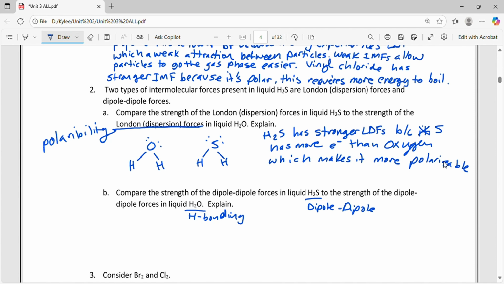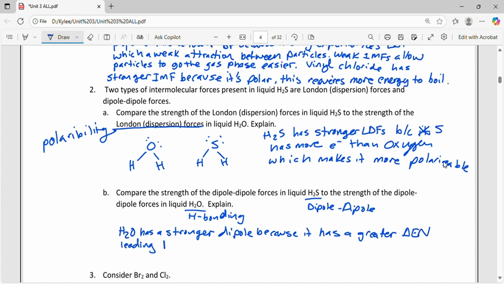It's the big electronegativity difference between H and O. So I would say H2O has a stronger dipole force because it has a greater difference in electronegativity, leading to a stronger attraction between H and O compared to H and sulfur.